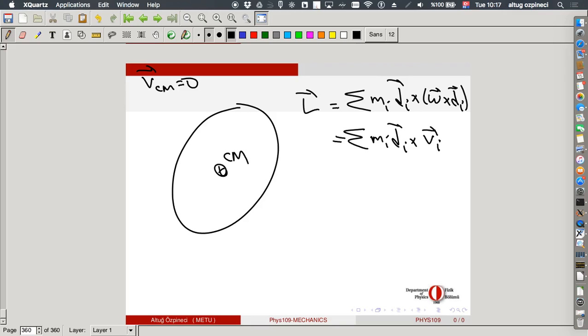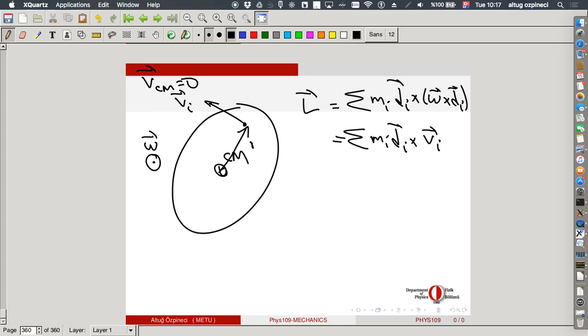Now, let's look at this point. Let's just assume that this is the direction of omega. What is the direction of the velocity of that point? Right hand rule, it is just rotating like this in a counterclockwise sense. So this will be in this direction.